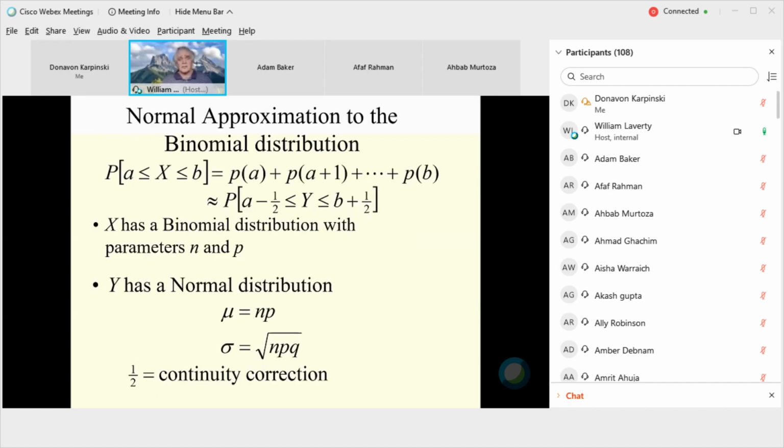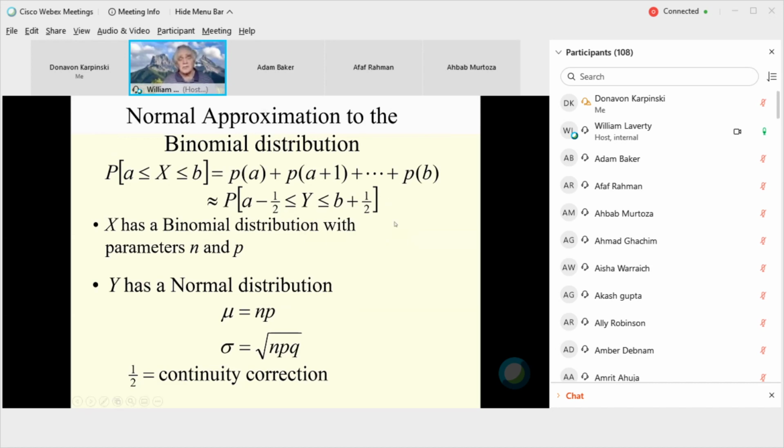For the normal approximation, when I'm working out the probability X is between two integer values, a and b, it'd be P of a plus the next one up to P of b. That can be approximated by the area under a normal distribution between a minus a half and b plus a half. The lower limit, you subtract a half. The upper limit, you add a half.